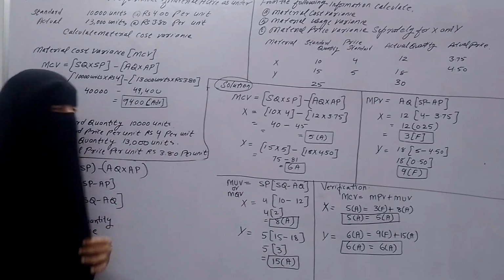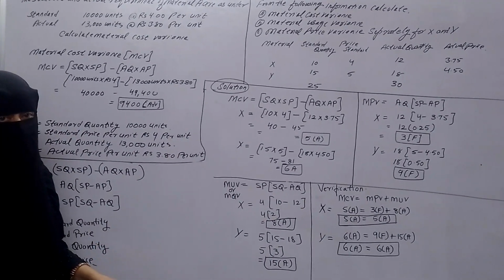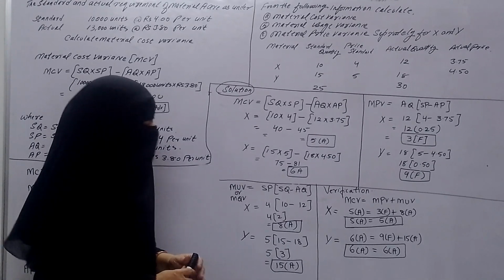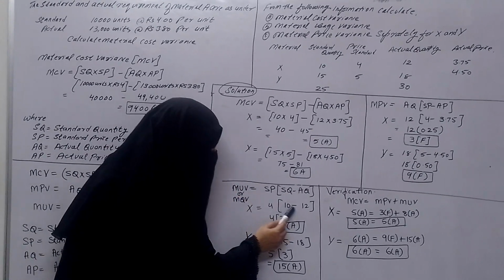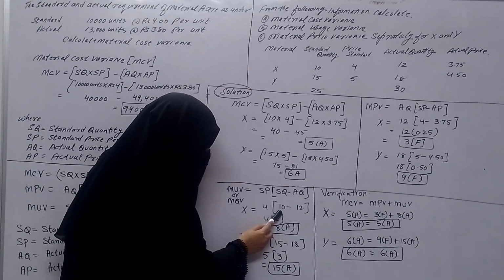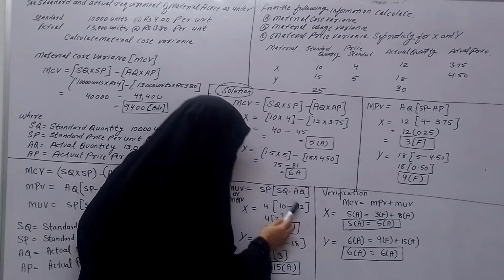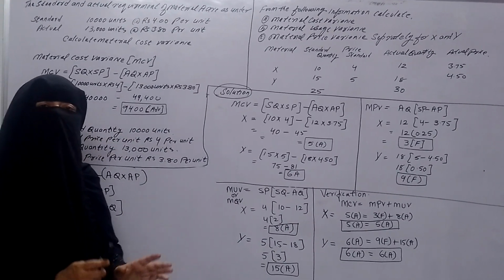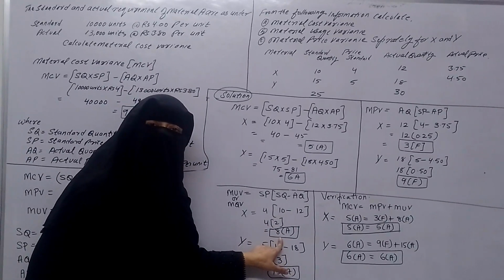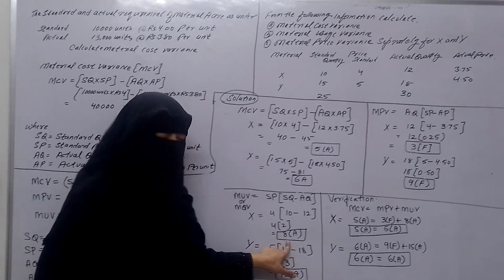Here we are calculating material usage variance or material quantity variance. So here we have to consider the quantity. The standard quantity is 10 and actual quantity is 12. Here actual quantity is more. So this 8 is adverse because actual is more.